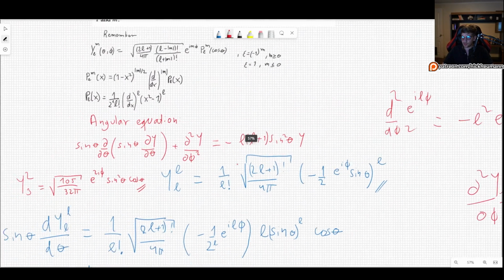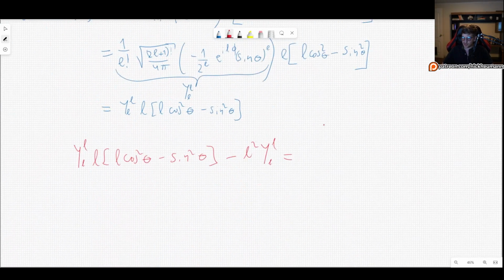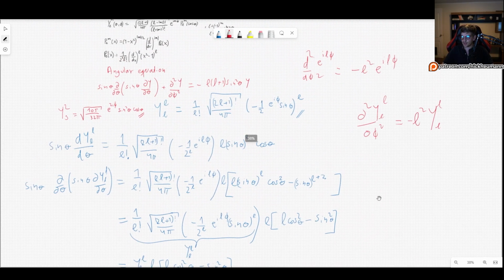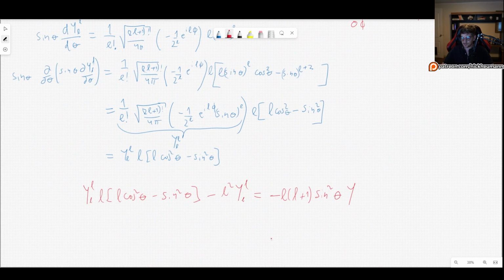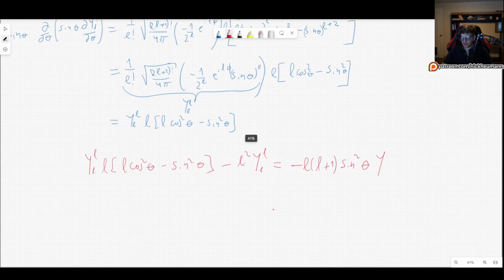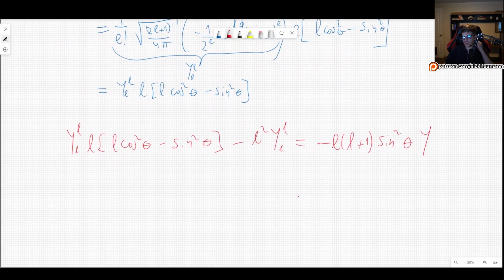This has to be equal to minus L plus 1 sine squared of theta times Y, right? Let me just double check. I think that is it. Yes.